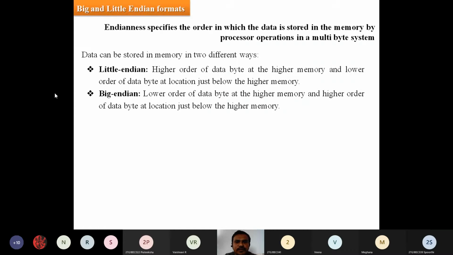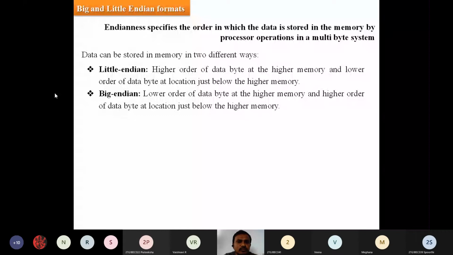Higher order data byte at the higher memory and lower order data byte at locations just below the higher memory. So in the Little Endian format we have multi-byte data, more than one byte. Obviously we need to categorize those bytes into the higher end byte and the lower end byte.